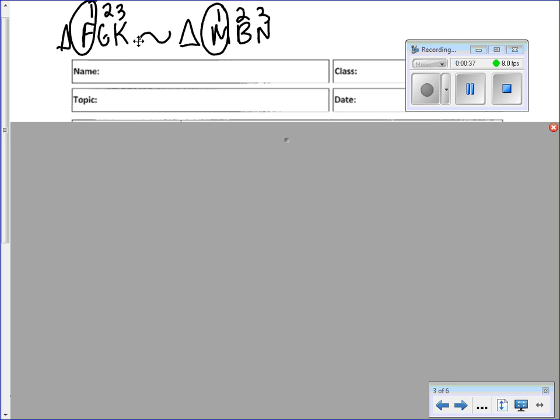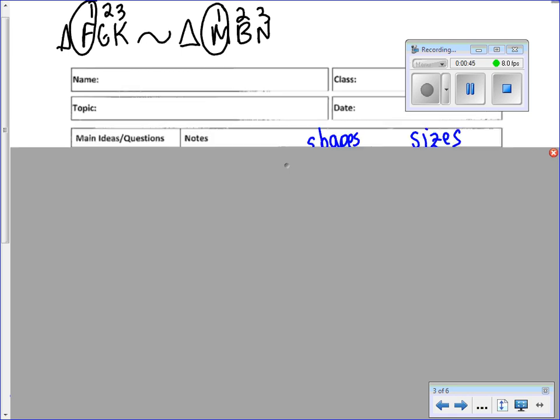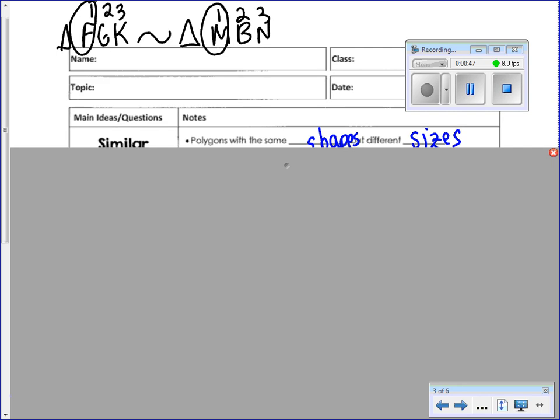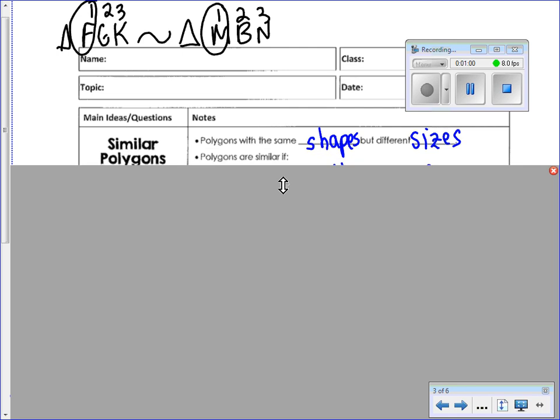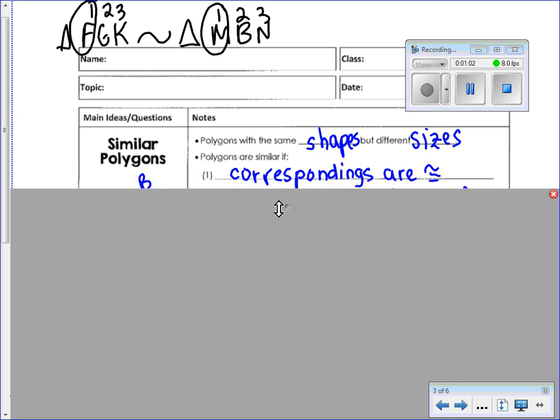The first part we want to talk about is similar polygons. The way polygons are similar is that essentially they have the same shape, but different sizes. Now, polygons are similar if corresponding angles are congruent.